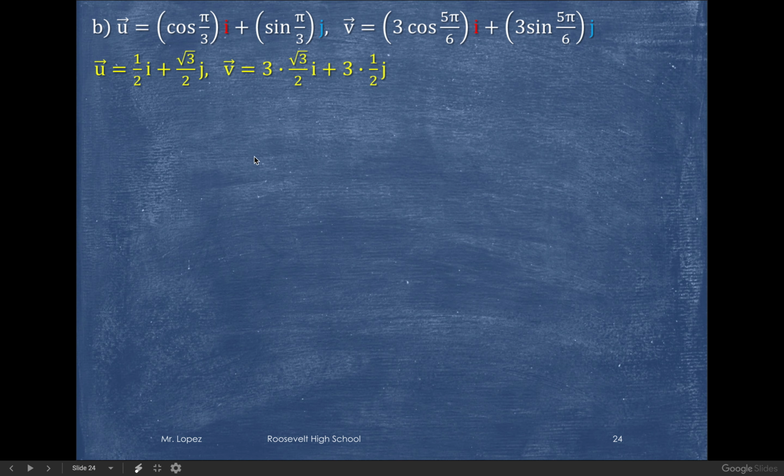Now we proceed to do the same thing we did with the previous problem. Find the dot product of u and v. So we're going to multiply 1/2 times this quantity, add it to radical 3 over 2 times this quantity, 3/2.